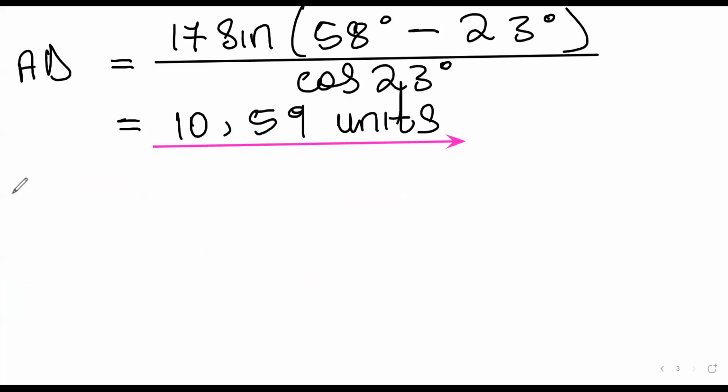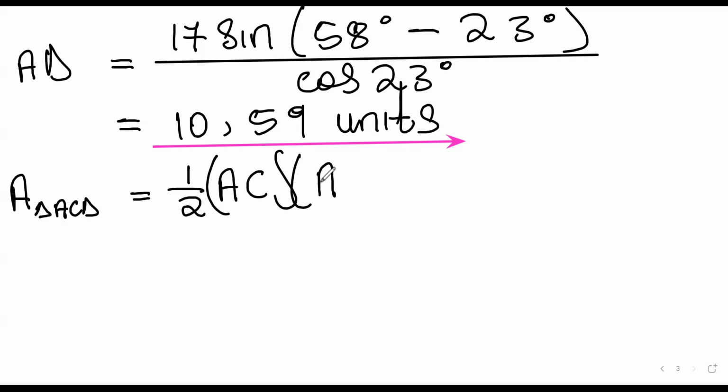So you can just go on and say the area of triangle ACD is simply going to be half times AC, and you also multiply this by AD, and then you times this by the sine of angle A. You don't need to write a formula.